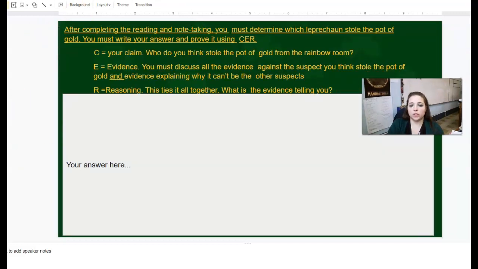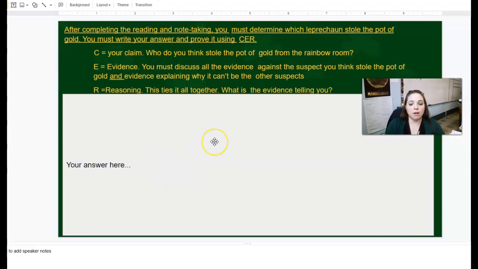Then you're going to get over to the CER. After completing the reading and note-taking, you must determine which leprechaun stole the pot of gold. You must write your answer and prove it using the CER. Claim, evidence, reasoning. So your claim: who do you think stole the pot of gold from the rainbow room?